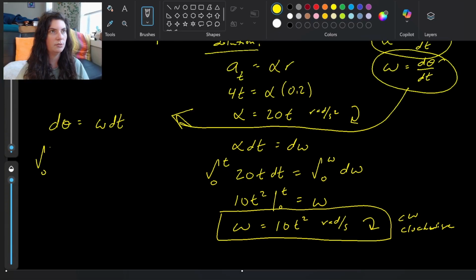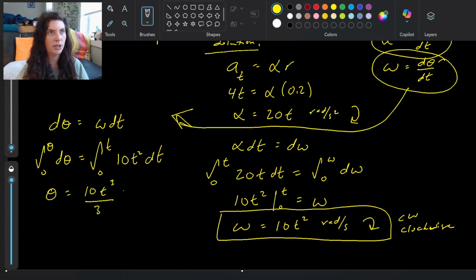So from 0 to theta, d theta equals the integral from 0 to t, to get it in a function of time, of omega, which was 10t squared, dt. And so when I integrate this, I get theta equals 10t cubed over 3 from 0 to t. That's going to give me theta is just 10t cubed over 3 radians.